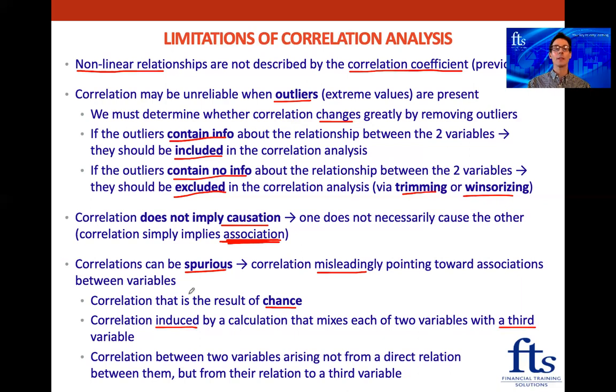The last instance of spurious correlation that we can have is where correlation between two variables arises not from a direct relation between them, but from their relation to a third variable. So let's take an example like this.